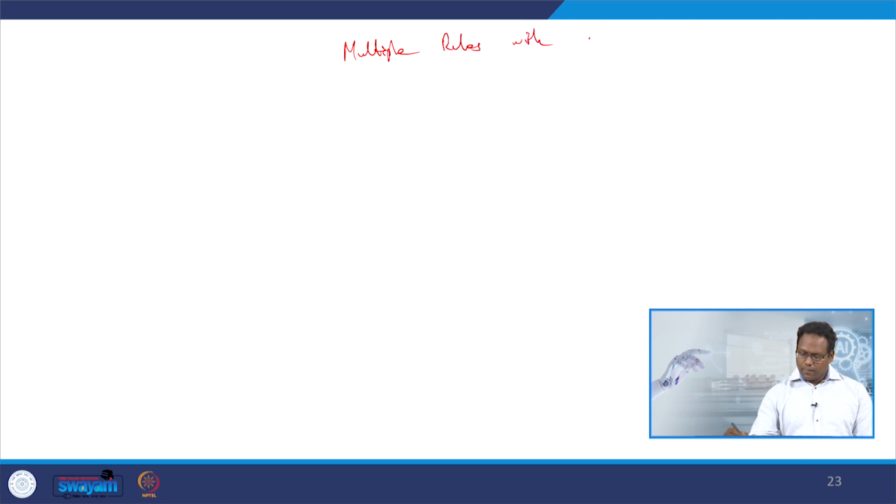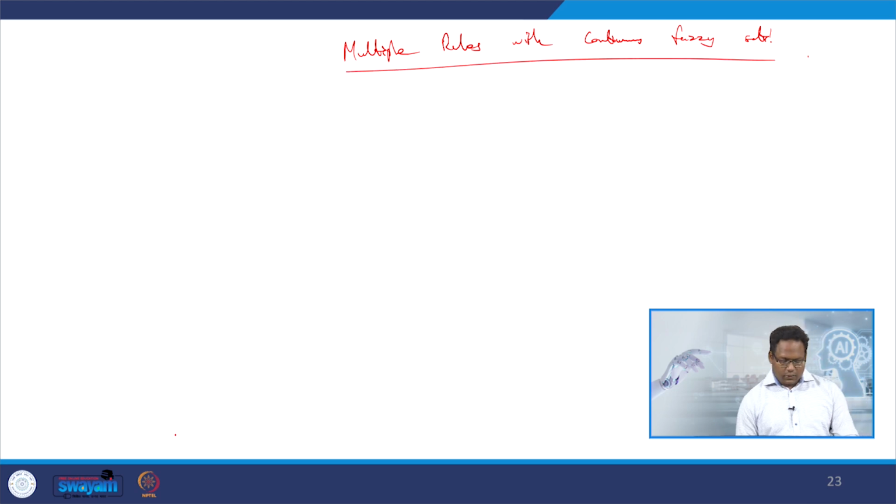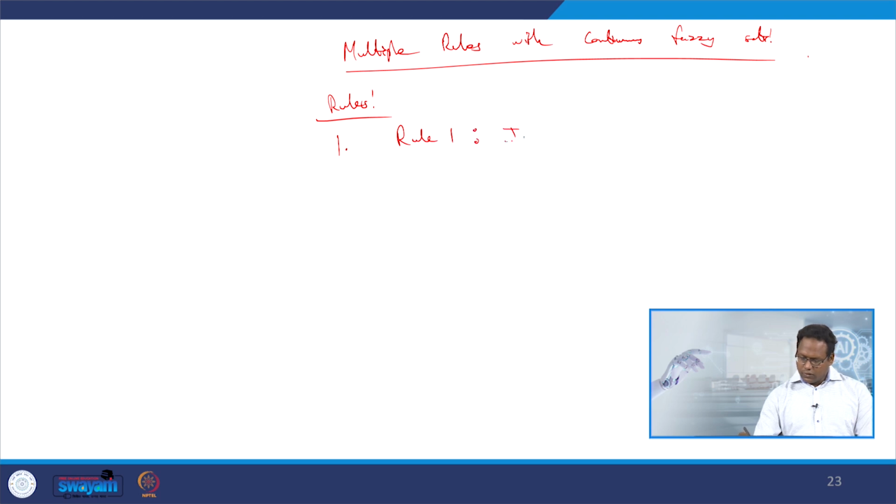Multiple rules with continuous fuzzy sets. Okay. Now, let us take two rules. Take the following rules. Rule 1: if x1 is A11 and x2 is A21, then y is B1.